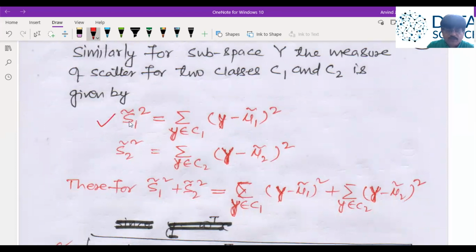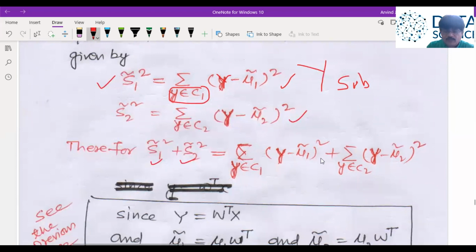Projection of S1 square is equal to, since Y belongs to class C1, because we are taking it in Y subspace, capital Y minus projected mu1 whole square, and similarly S2 square. Now, adding these two projected scatter matrices, S1 square plus S2 square, it comes out to be (Y minus projected mu1) whole square plus (Y minus projected mu2) whole square.